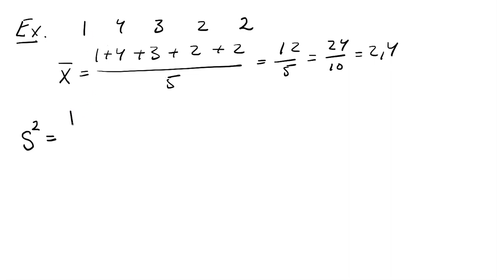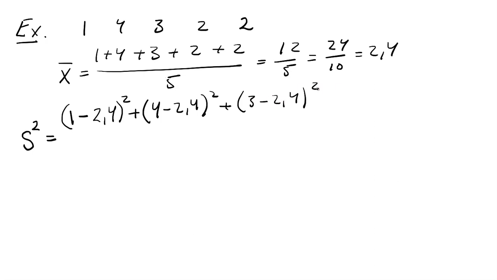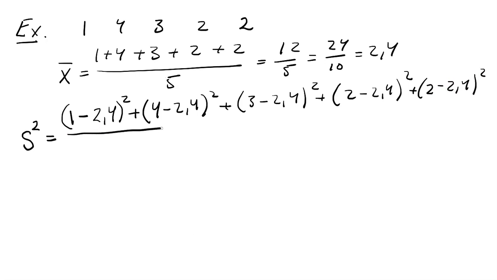So let's take the first one, 1, and subtract the average. And then we take the second one, subtract the average again, and do the same for all of them. And then we divide by the total number of data, it's 5. Okay, so this is 1 minus 2.4.